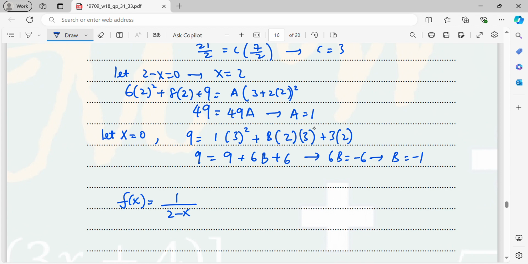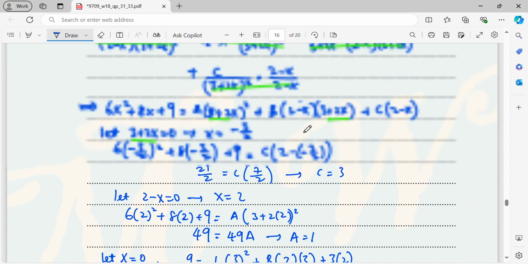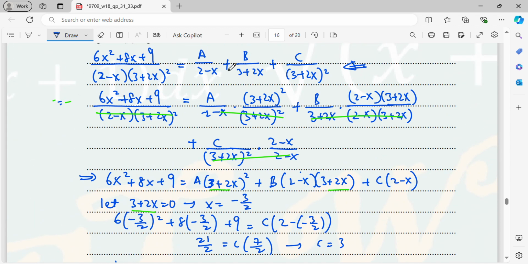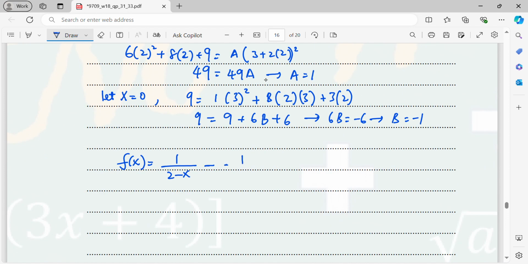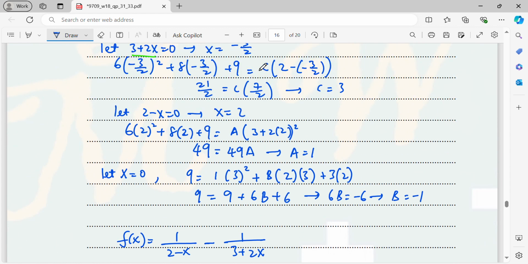The B is minus 1, so minus, because initially it was plus B. So plus times minus 1 is minus 1 over 3 plus 2x. And then the C is plus 3. So here plus 3 over square of the linear factor. This will be the partial fractions.